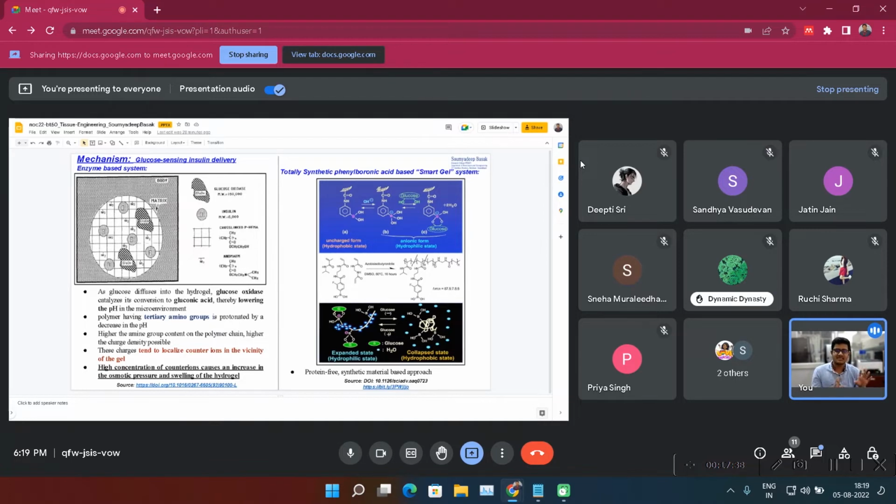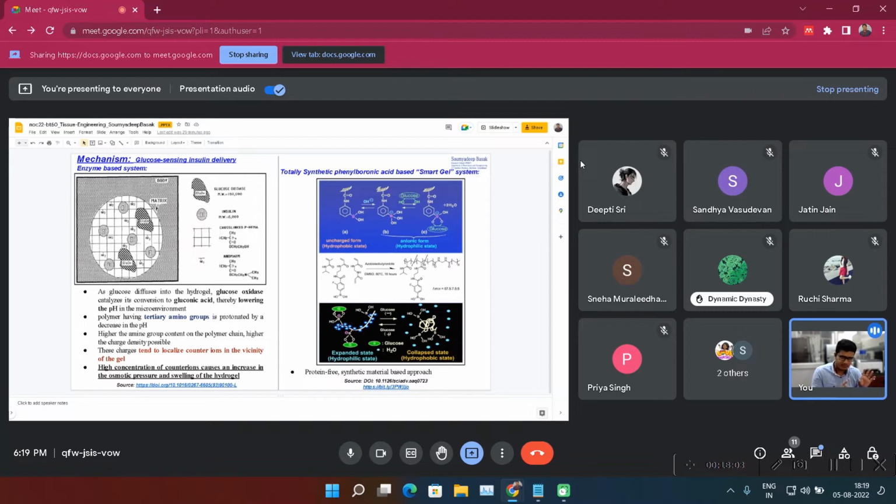So this is the classical mechanism of the enzyme-based glucose sensing insulin delivery system. Mostly the glucose oxidase enzyme is used for this kind of materials, and this is how the insulin delivery is regulated. Now, there are various challenges with it also.